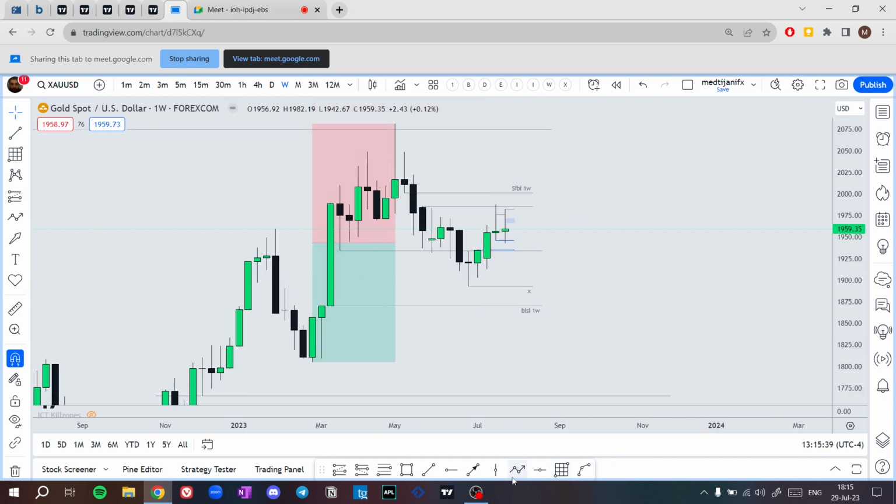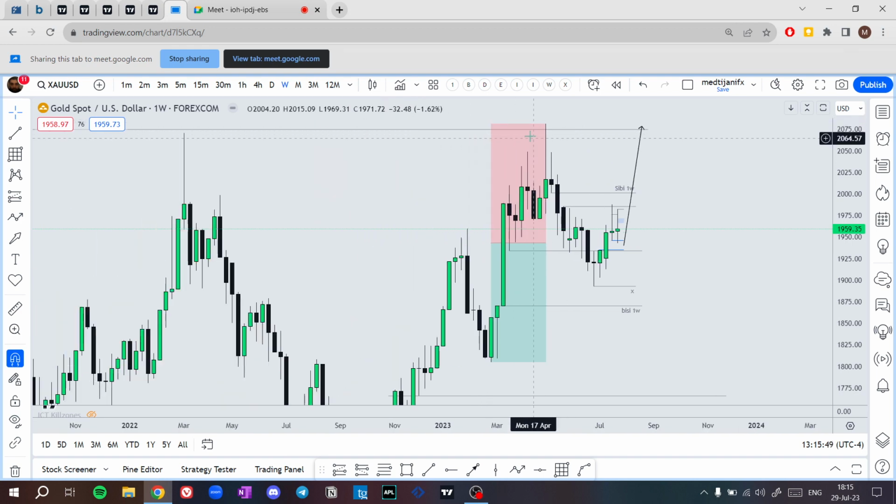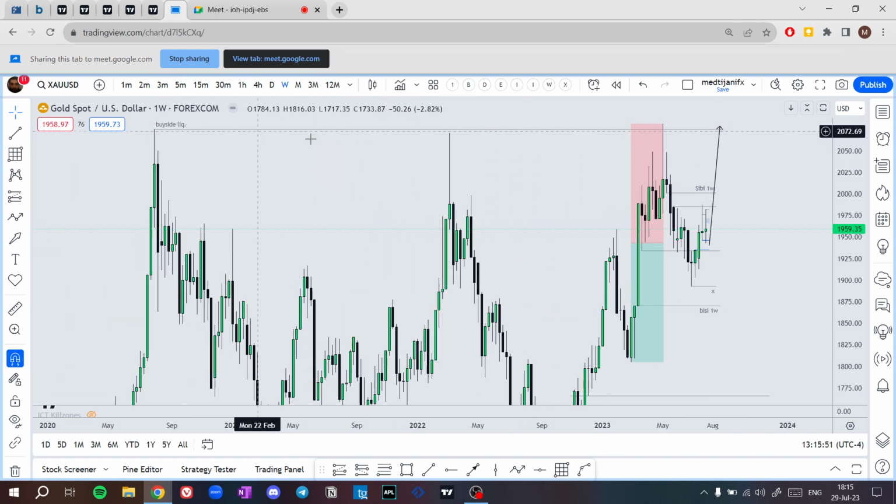Maybe from here price could go higher, because we're still expecting bullishness from this range to check this high here. This is our next pool of liquidity, as we have equal highs here.